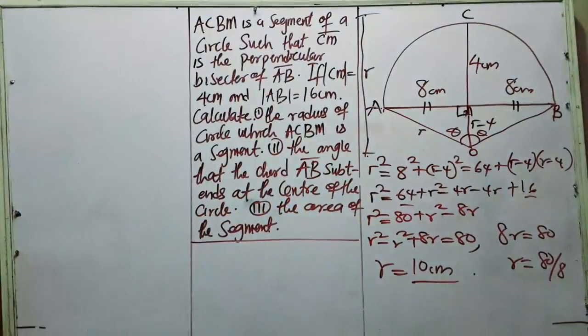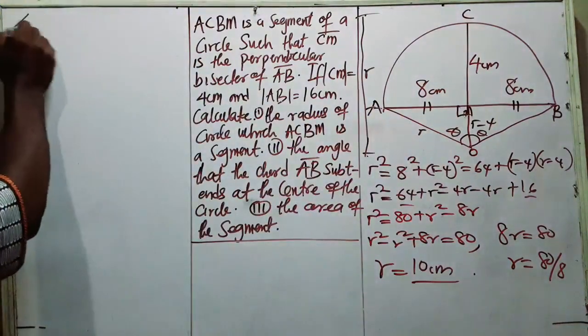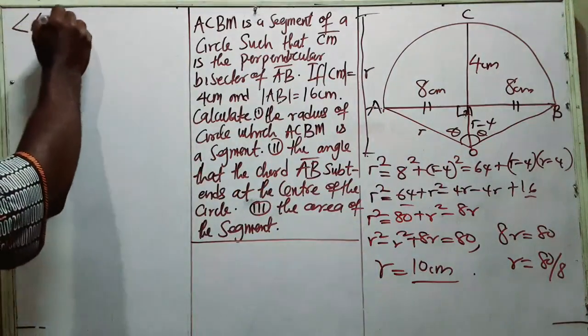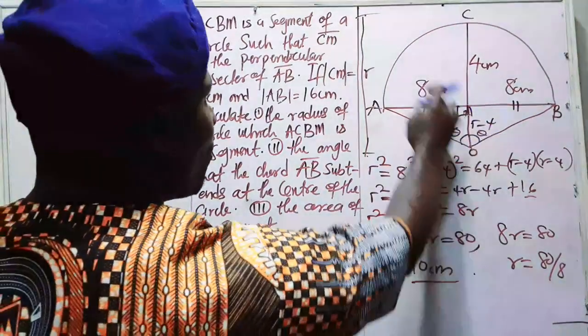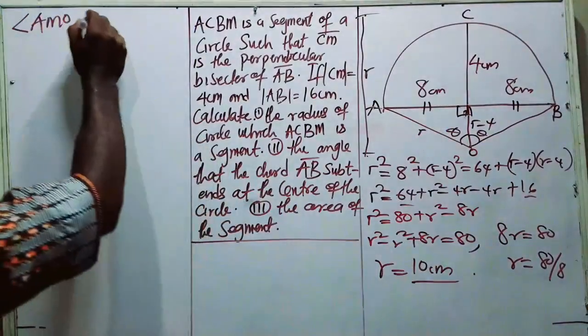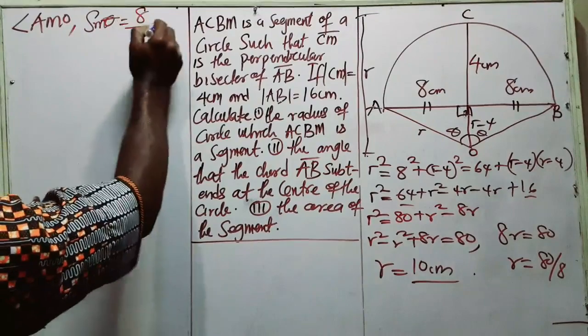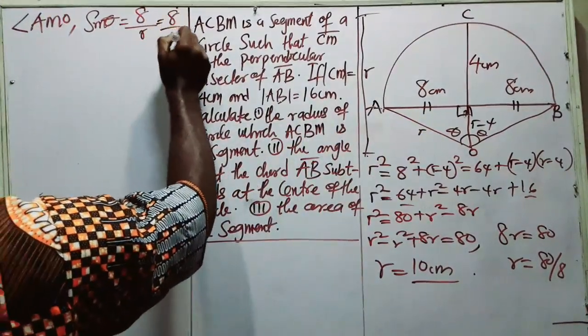So, as I've said earlier, let's consider the triangle AMO. In triangle AMO, we have opposite over hypotenuse, which is sine theta is equal to opposite over hypotenuse, which is 8 over 10.